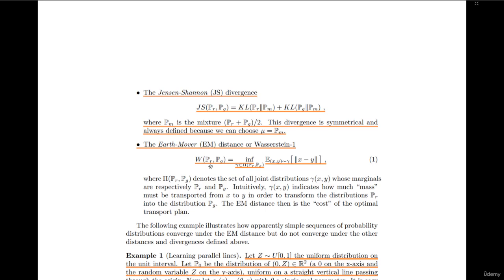Now with the W-GANs, they introduced this earth mover distance, or Wasserstein-1, where the EM distance between two distributions PR and PG is given as the infimum of this expectation, where X and Y are taken from this distribution gamma, and gamma belongs to Π(PR, PG), which denotes the set of all joint distributions whose marginals are respectively PR and PG.